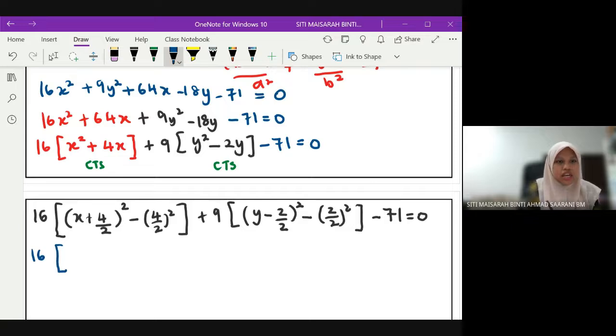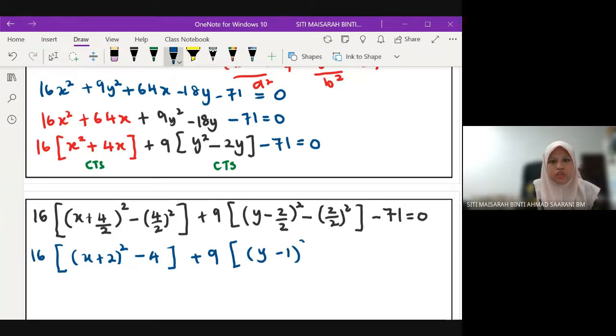Sini akan jadi x plus 4/2. It's become x plus 2 square minus 4/2 square. So, 4/2 is 2. 2 square is 4. Plus 9 y minus 2/2, 2/2 is 1.